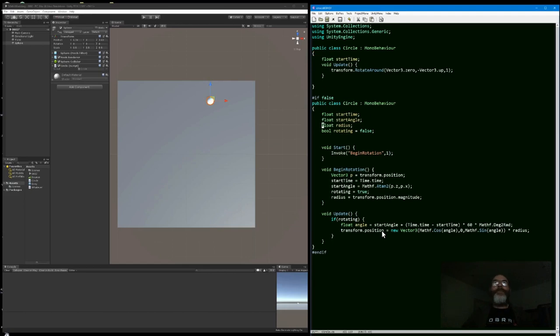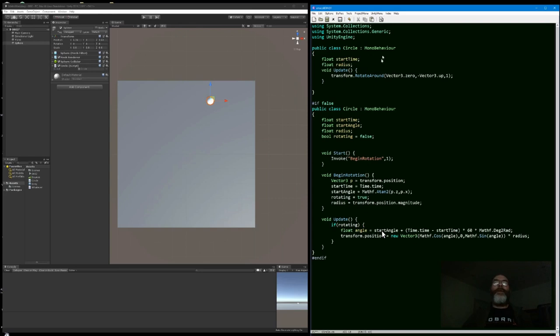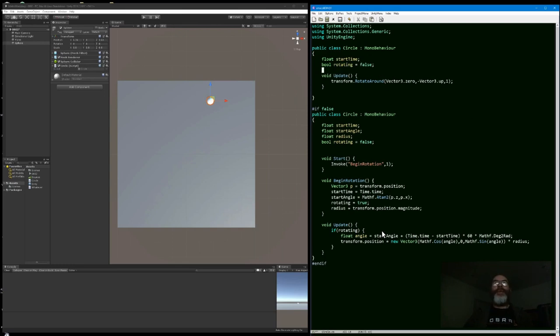And to get around the problem of the stall, we want to perhaps put the rotating in, so I'm going to just do the same pattern here.